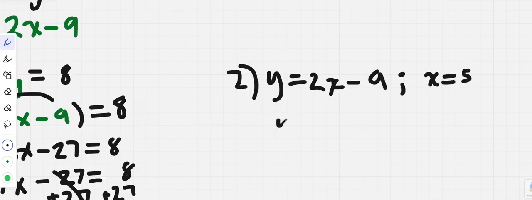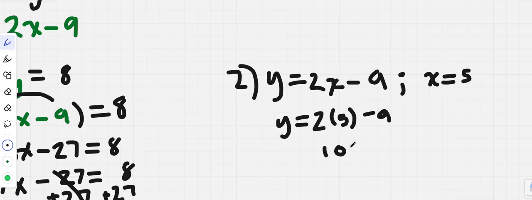So now we rewrite our equation, and instead of the variable x, we're going to put the number 5. So it's 2 times 5 minus 9. 2 times 5 is 10, and 10 minus 9 is 1. So y equals 1.